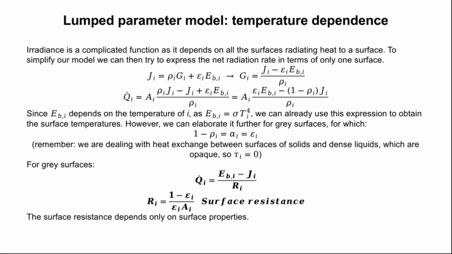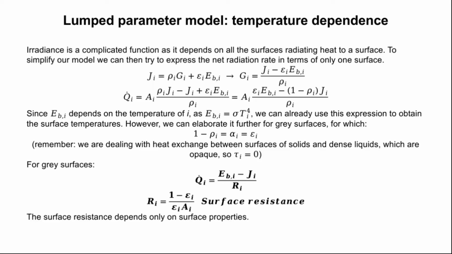Irradiance is a complicated function as it depends on all the surfaces radiating heat to a surface. To simplify our model, we can then try to express the net radiation rate in terms of only one surface. From the definition of radiosity, the irradiance Gi can be expressed as Ji minus epsilon i times Ebi over rho i.